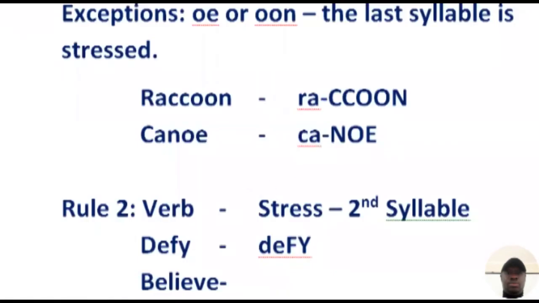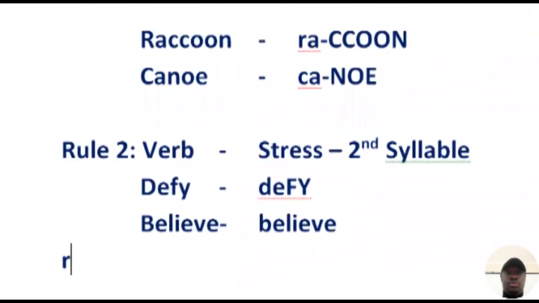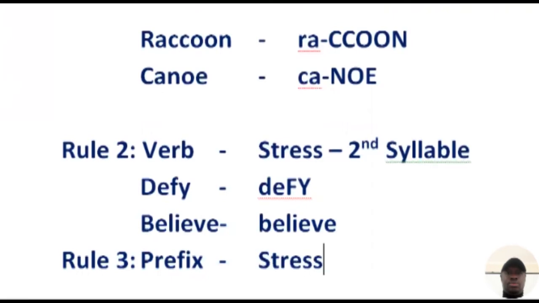Now, I said if it's a noun, the stress is on the first syllable, right? Apart from words ending with OE or OON. If it's a verb, it moves to the second syllable. Rule three, if it has a prefix, it also moves to the second syllable.